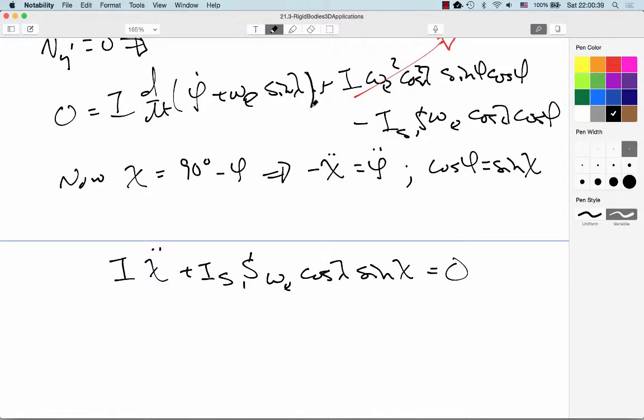And again, here we're wishing away an omega E sine lambda there because, again, it's really small compared to a term with an s in it. All right.